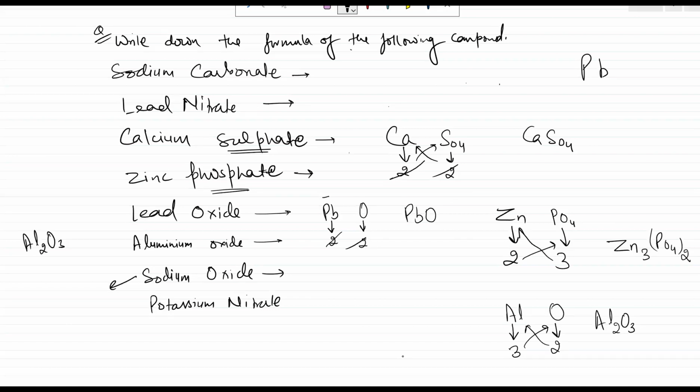Formula for sodium oxide. What's the formula for sodium oxide? Sir, Na2O. Prashita, is it correct? Na2O is the formula for sodium oxide. Is this the formula for sodium oxide? I don't think so, sir. Why?